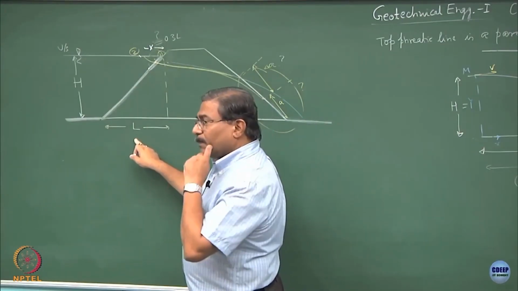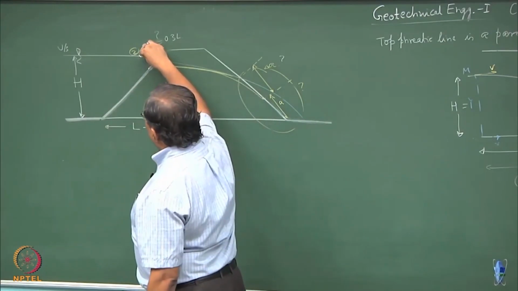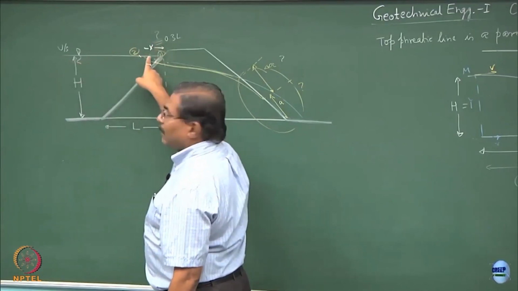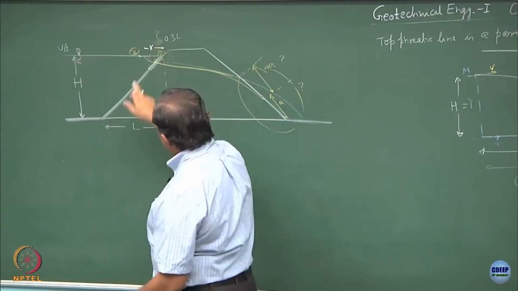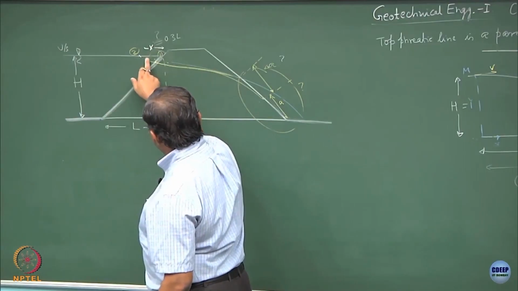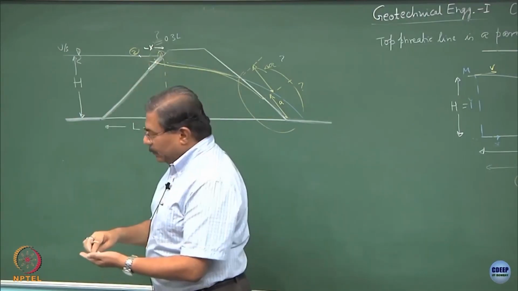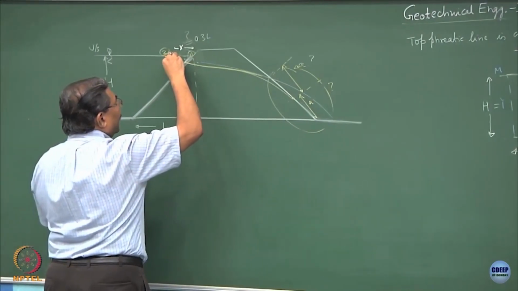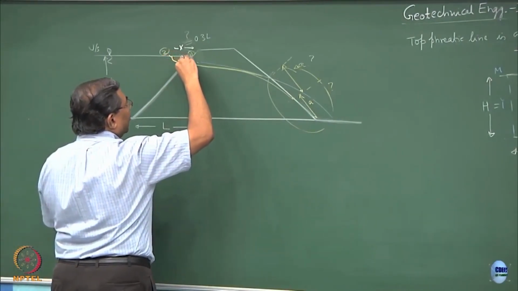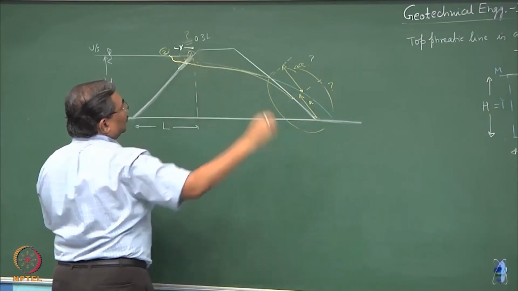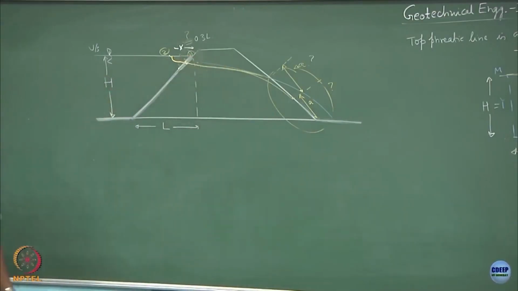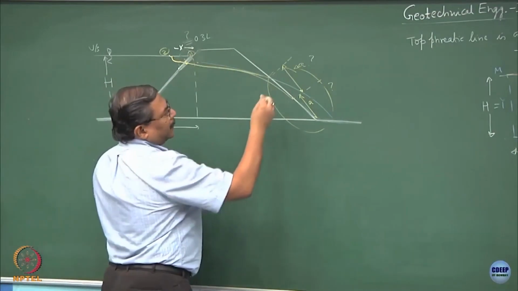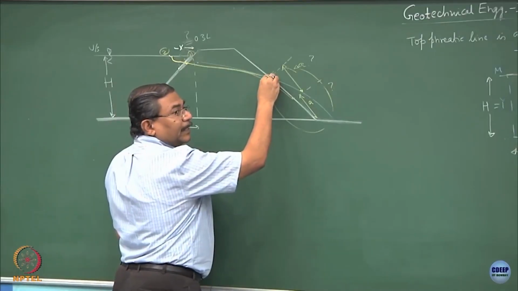Number 2, this line itself is an equipotential line. So, the way I have drawn is still wrong. What should have been done? Yes, you are right. It will be perpendicular, comes like this, cuts perpendicular and goes like this. Okay. The another uncertainty is empirical in nature, delta A.